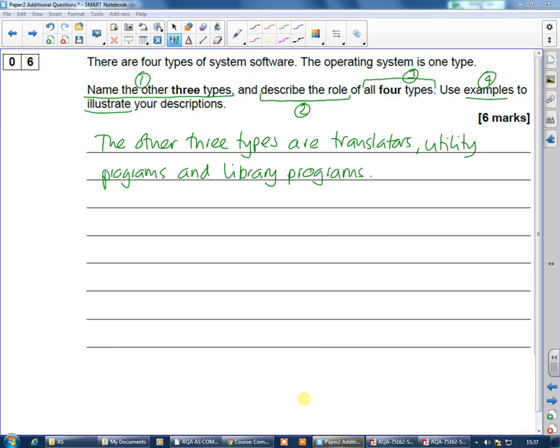Okay, so that's my first sentence. So I've done this bit. So if you are helping yourself, right, you've done that. That's all done. Now we've got to describe the role of all 4 types.